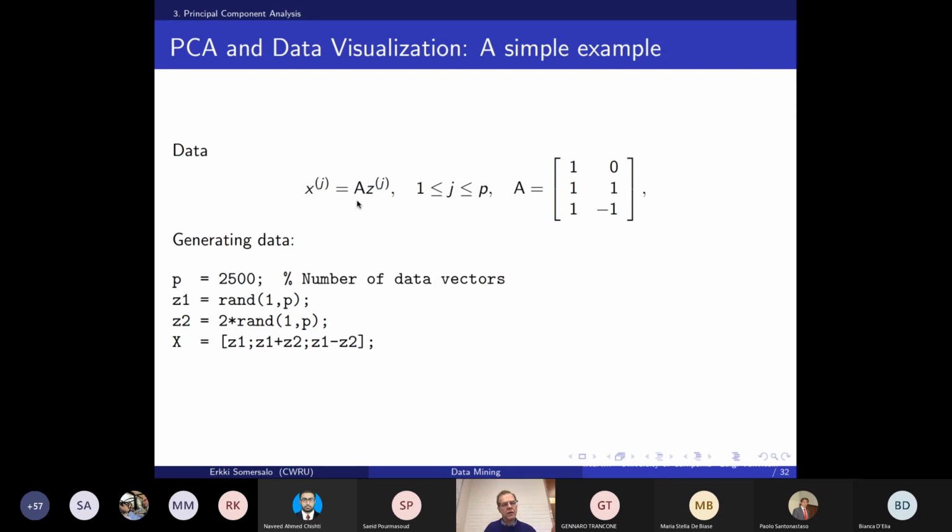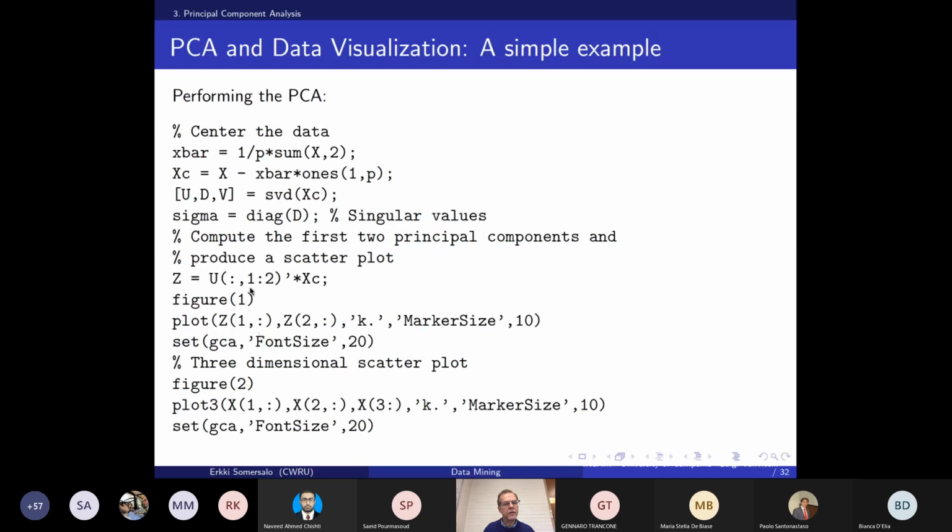Now I throw away this matrix A and I say, well, given this data, can I identify the directions in which this data looks two-dimensional? Because it should, because the data is organized along a plane, but I just don't know what the plane is if I don't know this matrix A. So this process is now hidden, and we don't know how the data is generated. We are asking, can we reduce the dimensionality of the data?